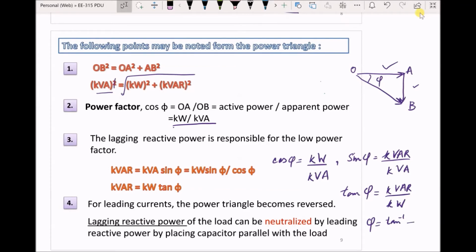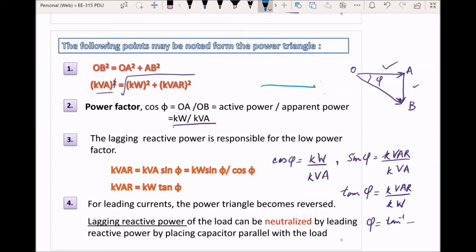Now the fourth point states that if we add a capacitor to the same circuit in parallel with the load, then the lagging power factor will get neutralized and the overall power factor can be improved. For instance, take the example of a capacitive load in a circuit.